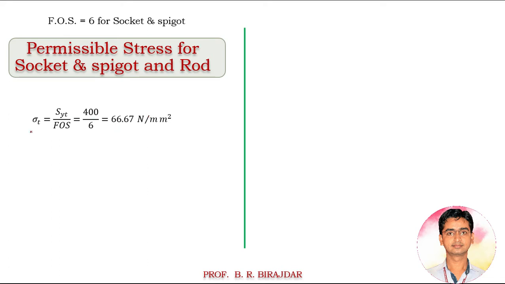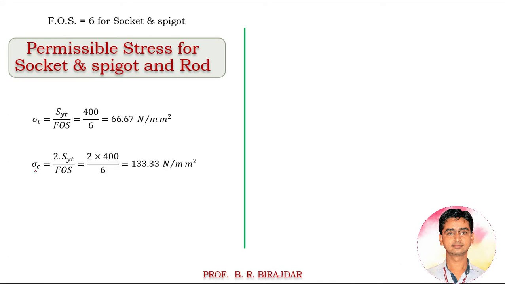Now the allowable tensile stress is what? It is the ratio of the maximum stress, SYT, the yield strength, divided by the factor of safety. Here they have given 400 Newton per mm square and the factor of safety is 6. So by calculating this we will get 66.67 Newton per mm square. This is the allowable tensile stress.